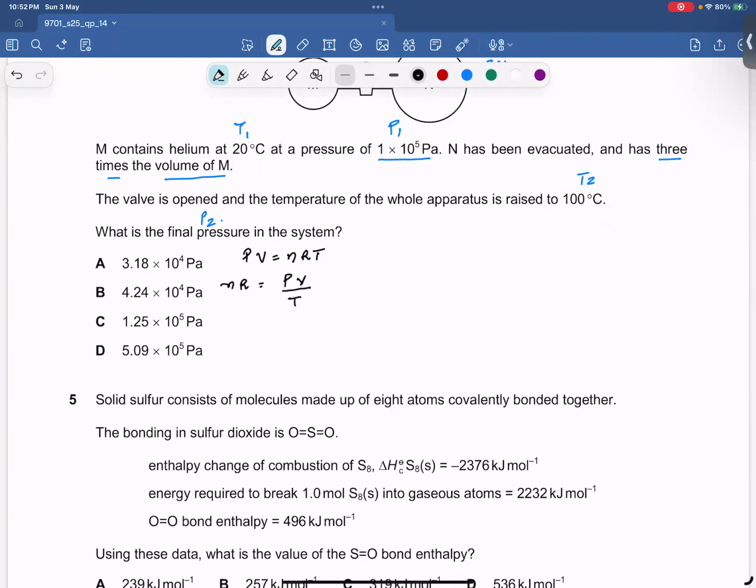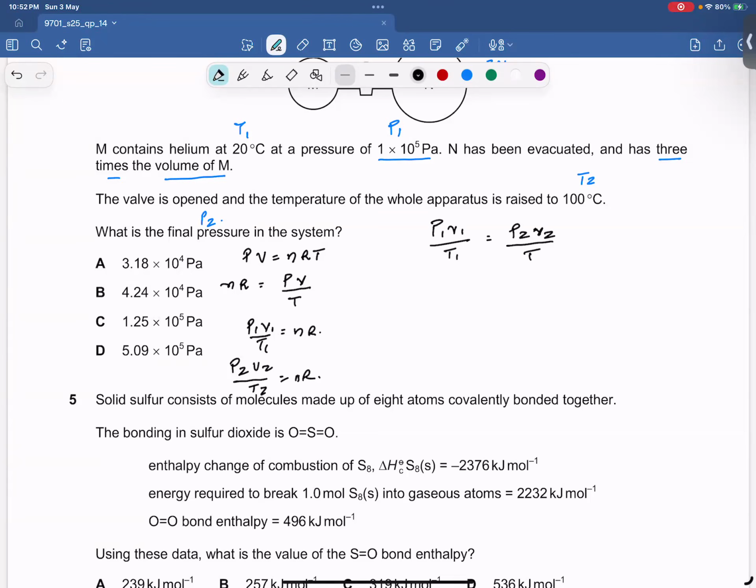Okay. Now we have two different situations. So I'm going to apply P1V1 upon T1 equals nR. When we apply the final condition, that is at 100 degrees Celsius, the formula is going to be P2V2 upon T2 equals nR. Since the left hand side is equal, the right hand side is also equal. So it's going to be P1V1 upon T1 equals P2V2 upon T2.